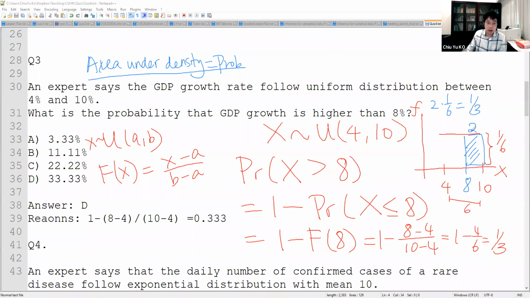So the height of this line is 1/6 because the whole area must be 1, because the probability must add up to 1 between any value between 4 and 10, right? And we're asking higher than 8, right? That means it's the blue area, right? Because from 8 to 10, right? They're asking. And this area, the width is 2, the height is 1/6, right? 2 times 1/6 is 1/3. Is that okay, Troy?